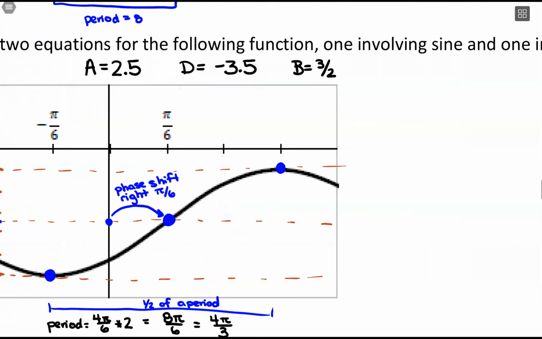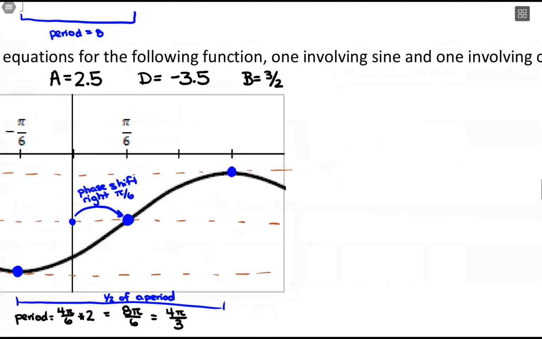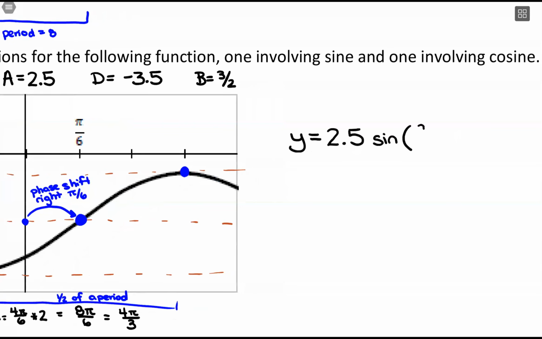So if I'm putting together sine, I would have y equals my amplitude of 2.5, times my sine function. We found a value of b of 3/2. Make sure that's factored out. So then we would have x, and then our phase shift, so we're moving to the right, which means we'd have subtraction of pi/6.